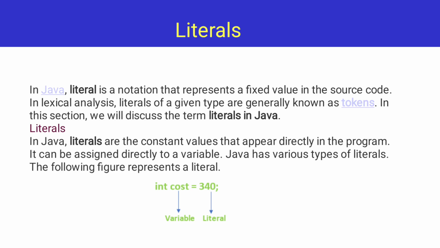Literals are constant values that appear directly in the program. They can be assigned directly to a variable. Java has various types of literals. For example, here int cost = 340. So cost is a variable, int is a data type, and 340 is a literal.